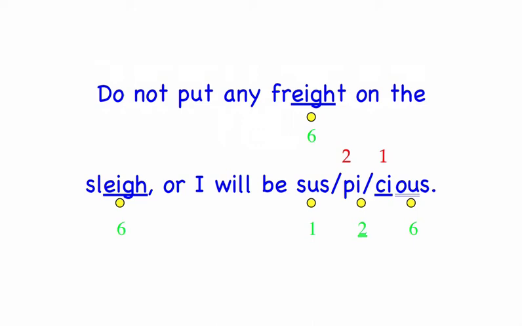Sentence 2. The delightful girl in the sweater has an infectious laugh. The delightful, 3 syllables. First syllable, de, 2 sounds: d, e.